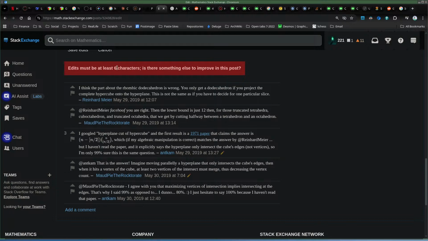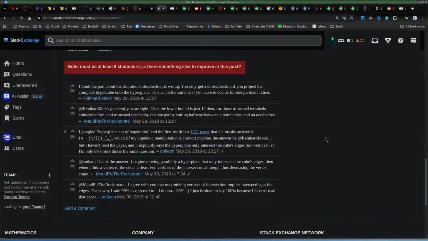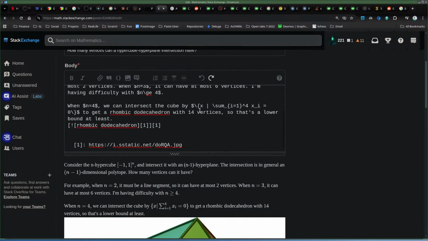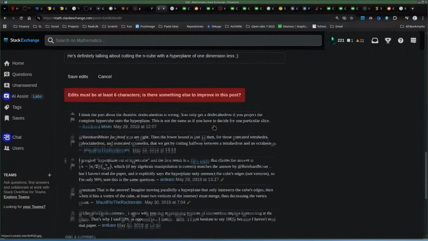Oh, that's the nonsense of this. There's another remark here already. I think the part about the rhombic dodecahedron is wrong. You only get a dodecahedron if you project the complete hypercube on the blah, blah, blah. You're right, the lower bound is 12 then.